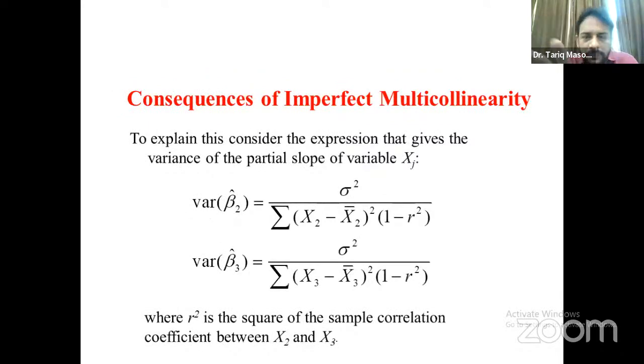Okay, now you can get a sense of multicollinearity, imperfect multicollinearity, by this formula. In the presence of multicollinearity, the variance of the beta 2 coefficient or beta 3 coefficient is equal to, the formula for variance is sigma square divided by summation of x2 minus x2 bar square. Okay, but when there is a correlation, we also add this factor 1 minus r square.